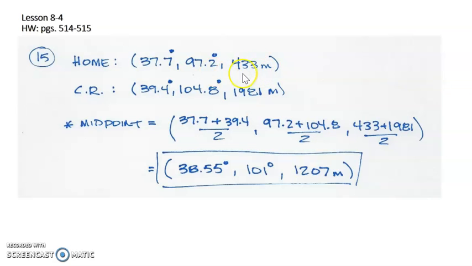And so we just want to know the halfway point between their home and Castle Rock, Colorado. Just use the midpoint formula. Don't let the degrees or anything fool you. It's 37.7 plus 39.4 divided by 2. And that's all you do. And so these are the coordinates, latitude, longitude, and elevation, halfway between their home and Castle Rock, Colorado.